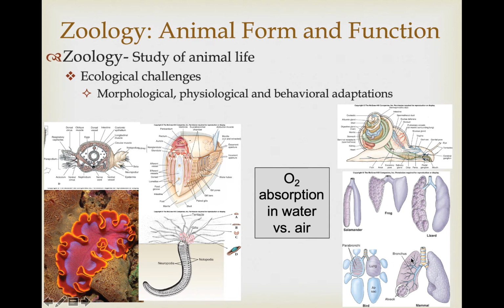And so we know that in lungs, in vertebrates, but there are other organisms that have done analogous things. We see some of the terrestrial slugs and snails have little breathing holes in the side of their body that lead into a lung cavity. So that's just an example of some of these ecological challenges and examples of adaptations that animals have evolved to meet those challenges.